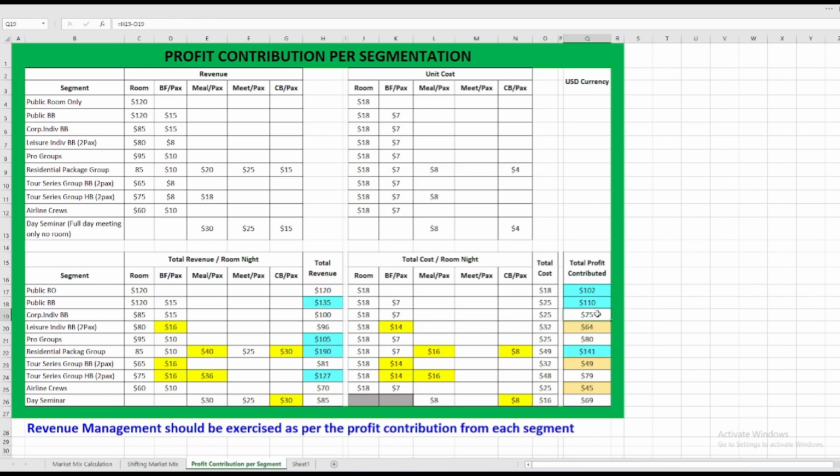And number 2 is corporate individual, professional group, tour series half board, and also the day seminar.